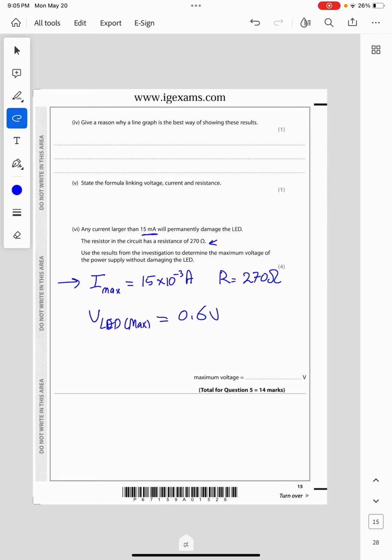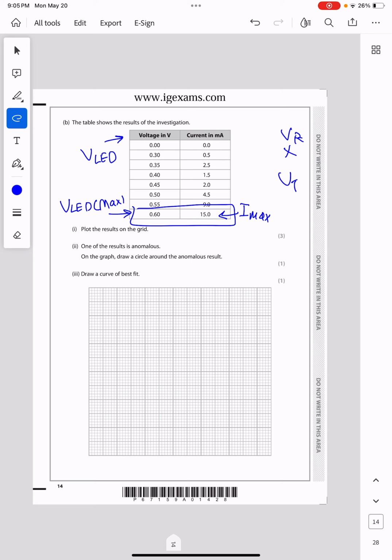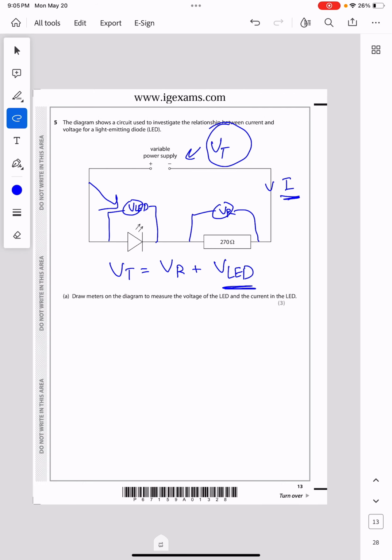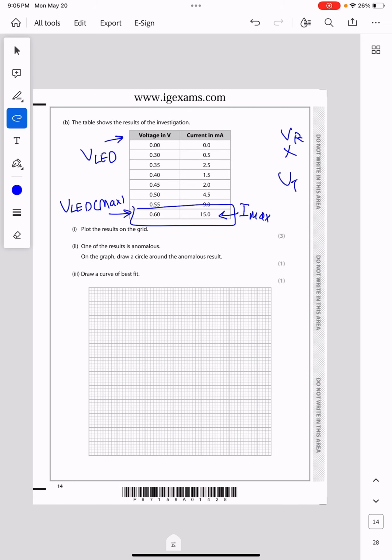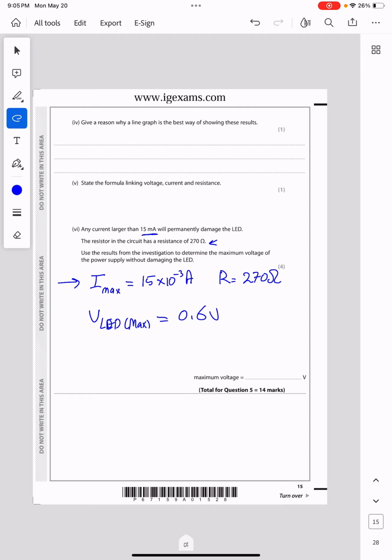Where did I know that? Because they give us the I max for the circuit, and so I know the maximum voltage of the LED here. I'm sorry if there is some noise because my cats are playing around now.